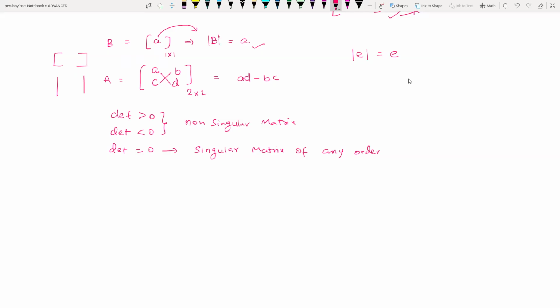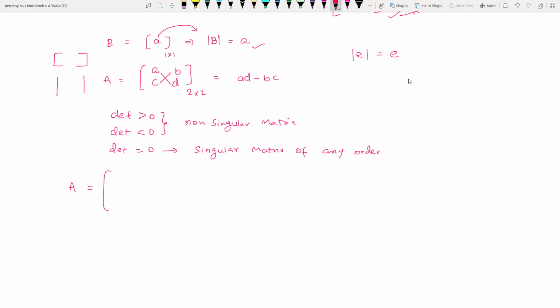If it is 0, it is called a singular matrix. If it is not 0, that means either positive or negative, it is called a non-singular matrix. And coming to the discussion of the determinant for a 3 by 3 matrix, in the syllabus we only have 1 by 1, 2 by 2, and 3 by 3.